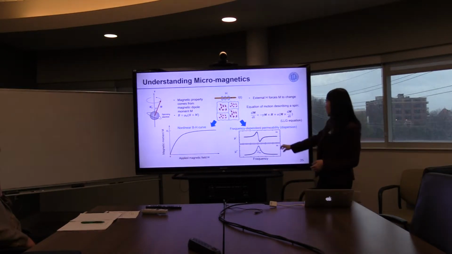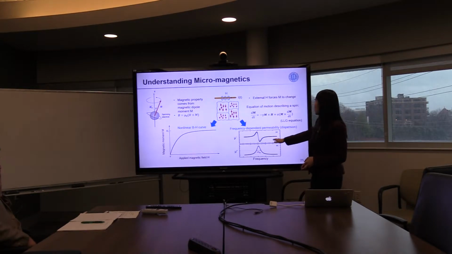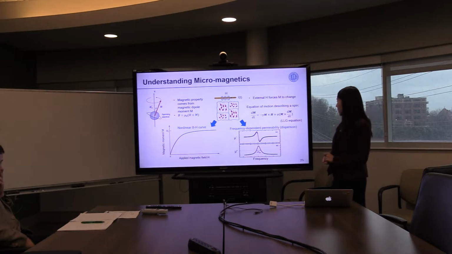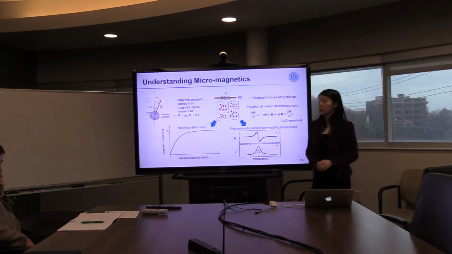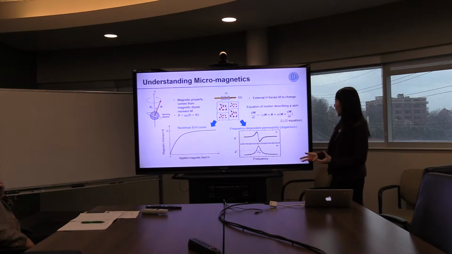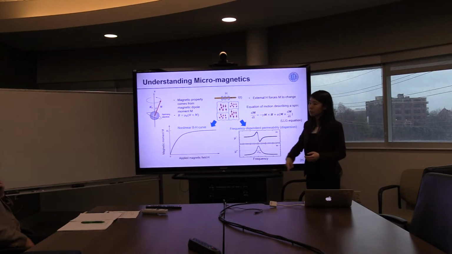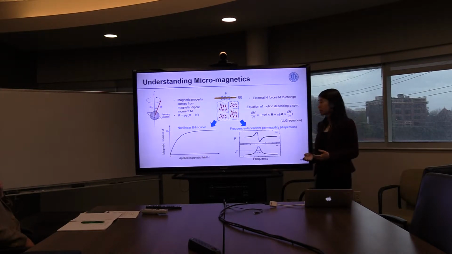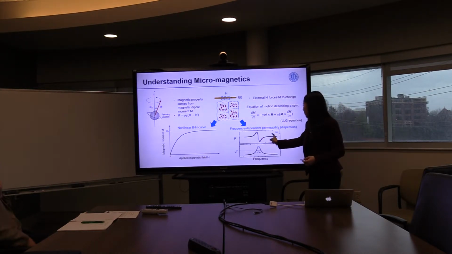And also this helps us to understand the frequency-dependent permeability of magnetic material, which means when the frequency of the external H is equal to the self-resonance of the spins, then the magnetic material has a self-resonance behavior that gives a frequency-dependent permeability of mu prime and mu double prime, where at the resonance, mu prime, which is the permeability, drops to 0, and the loss, mu double prime, reaches its peak.